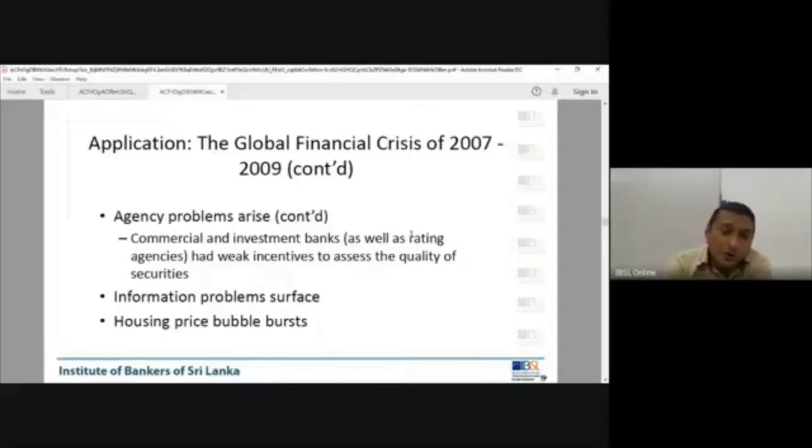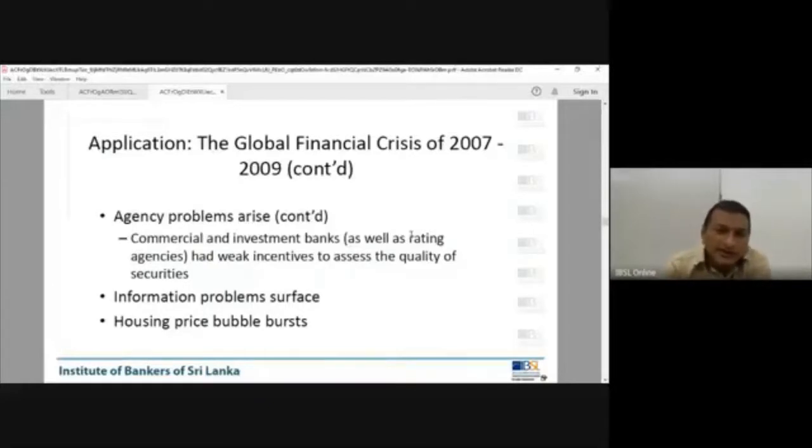Also, all the loans that they extended, they did not necessarily want to keep within the financial intermediary. They wanted to repackage and resell. Okay, CDOs, collateralized debt obligations.